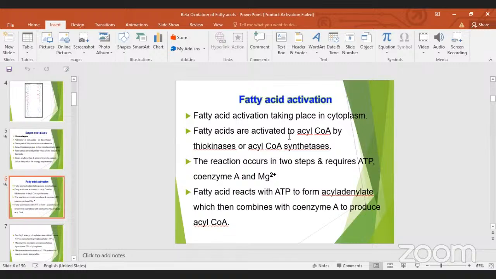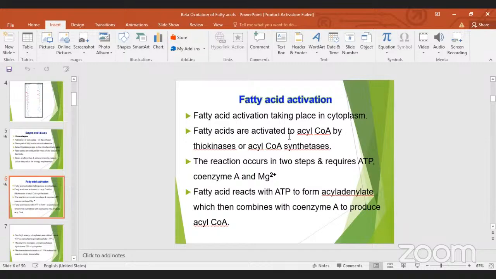Fatty acid activation takes place in the cytoplasm of the cell. In that cytoplasm, activation takes place. Fatty acids are activated to acyl coenzyme A by which enzyme?